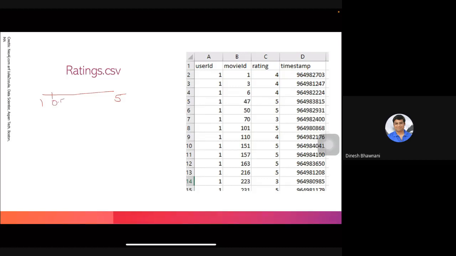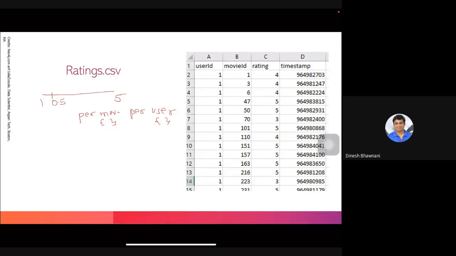You can give 0.5 increments to your ratings per movie, per user. Usually in recommendation, you will always find per article and per user. These two are always there in most recommendation systems. For Google, it will be per search term per user, something like that.